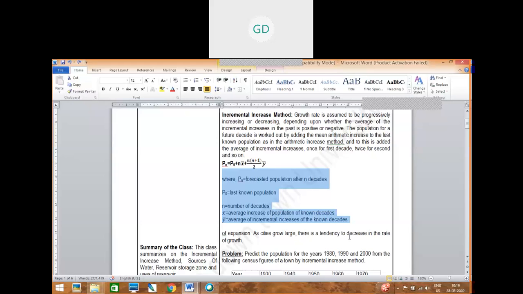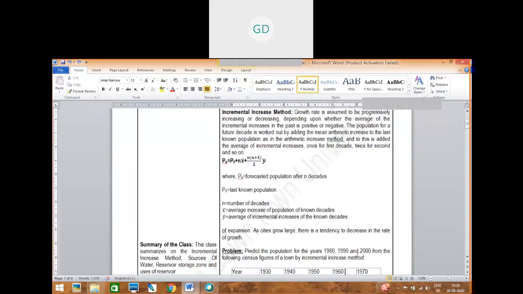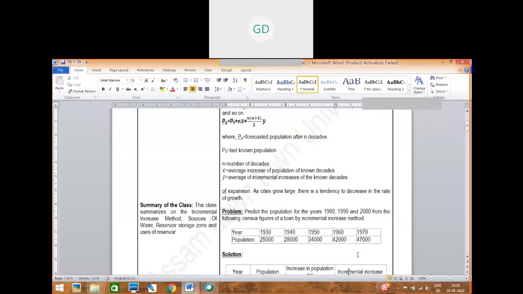So let us proceed to the numerical. We are continuing the same numerical. In your exam, the population year and population will be given, the years you need to find out will be given, and the method by which you should find it will be given.